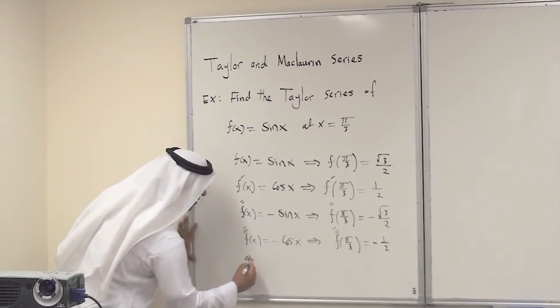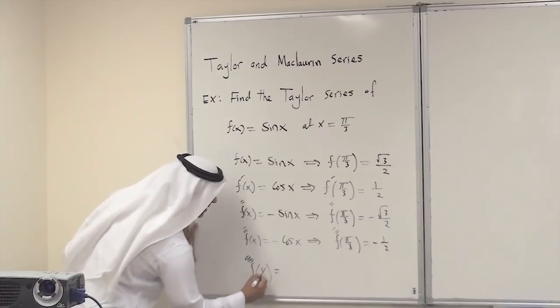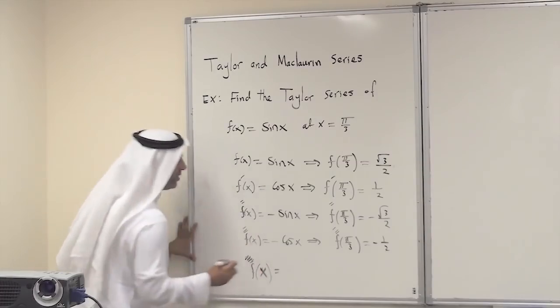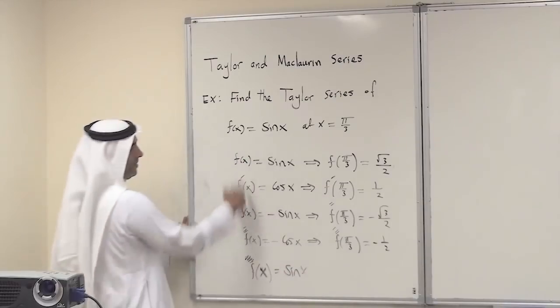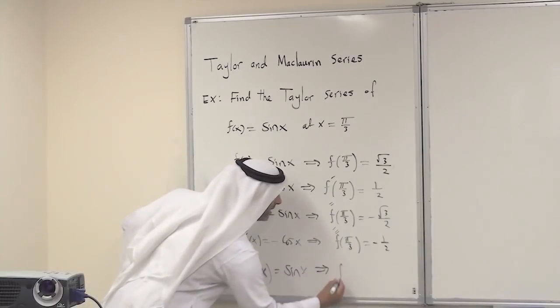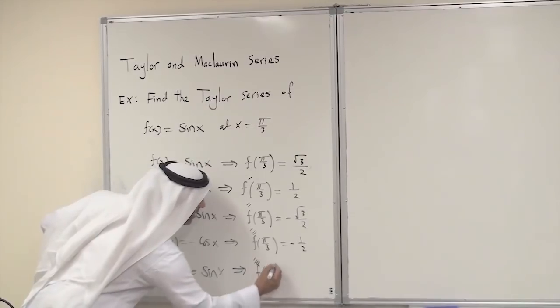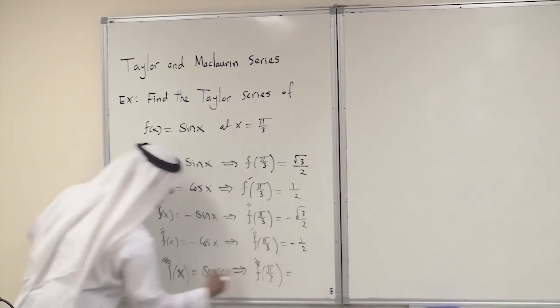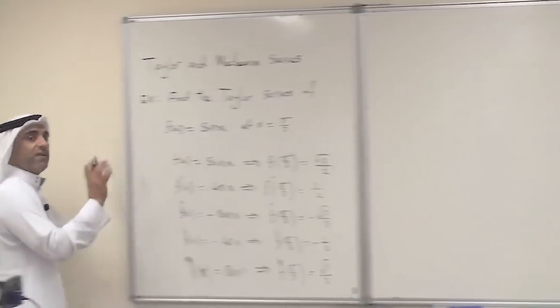The fourth derivative of sine x will be just the sine of x. So we are back to the same original function, the sine function. So we are expecting that the fourth derivative at pi over 3 is again equal to radical 3 over 2. Let us stop here and try to observe something.